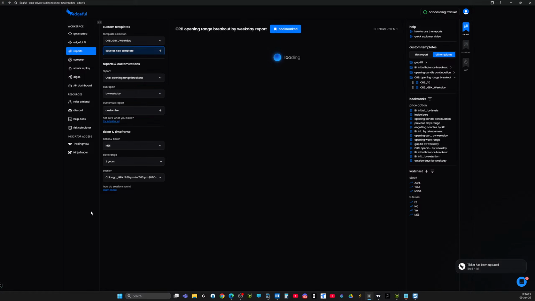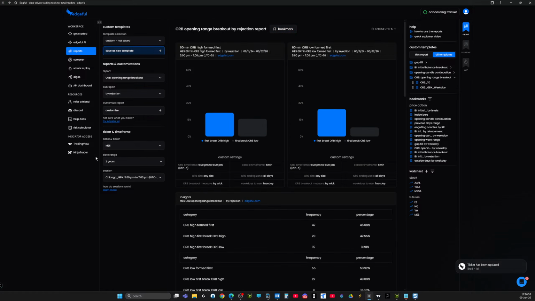This buy day is not going to work. It's going to fail to fetch, I'm sure. Now here's the interesting part. We're able to filter down here.